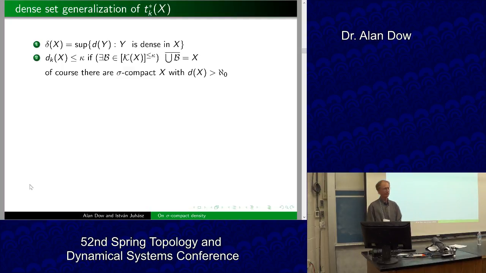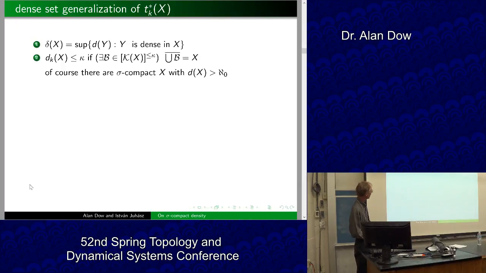And so we can formulate d sub k. d sub k has nothing to do with delta. Instead of tightness, t sub k, let's say d sub k, density. The kappa compact density of X would be at most kappa if you can find kappa many compact subsets whose union is dense.